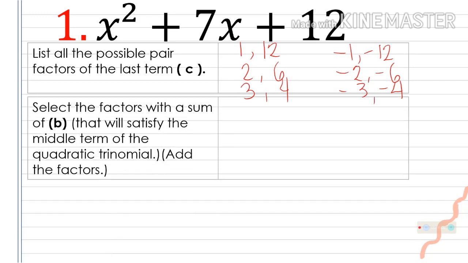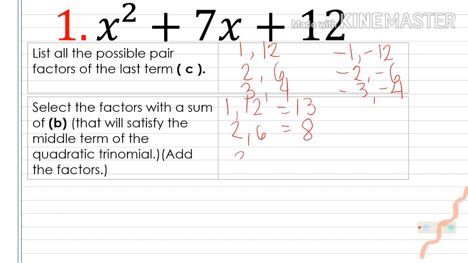And then after that, you are going to select the factors with the sum of b, or the middle term of our quadratic trinomial. So you are going to add the factors. In 1 and 12, if you add them, your answer is 13. In the second pair, 2 and 6, the sum is 8.